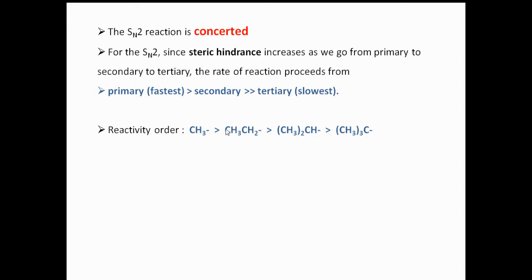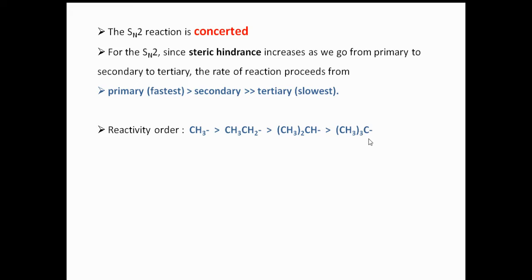So the methyl group will not allow the nucleophile to approach onto the CH2 group. Whereas in isopropyl also, as the carbon is attached to two methyl groups, even here the nucleophile cannot easily come and approach onto this carbon, and therefore the reaction will be slow.